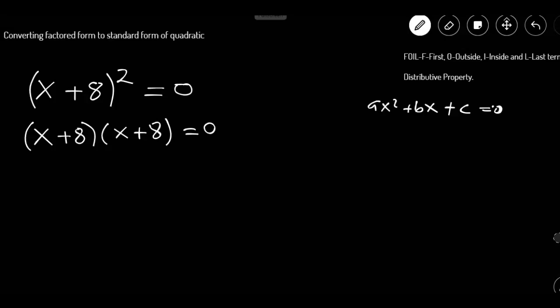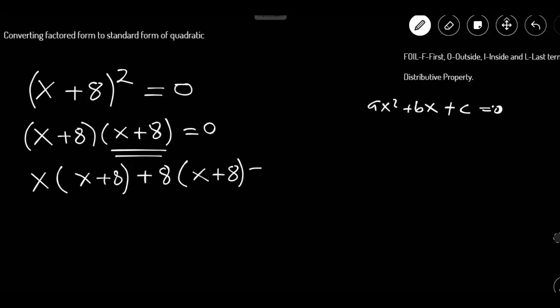Here, we take in the first parenthesis, we take the x and multiply it to the second parenthesis, x plus 8. And we take the positive 8 here, and we will multiply it again with x plus 8, and it equals 0.